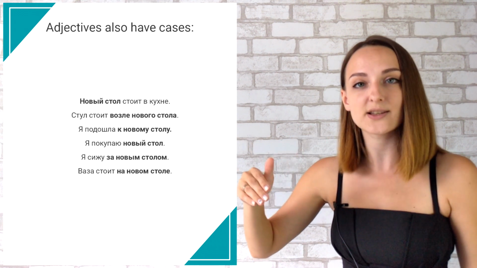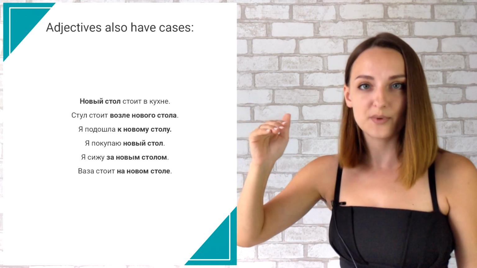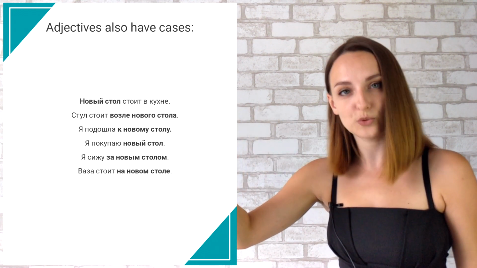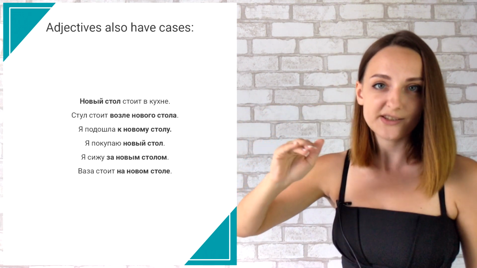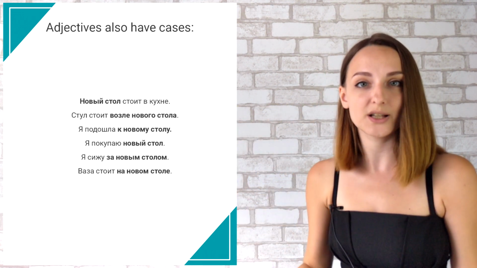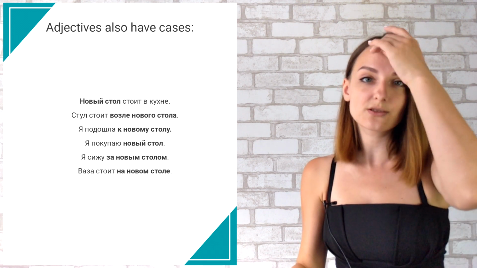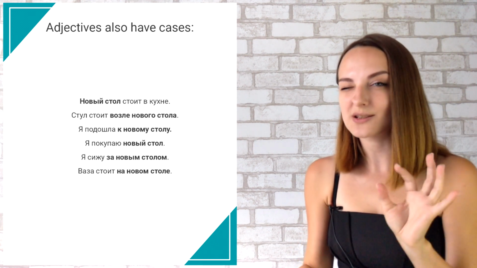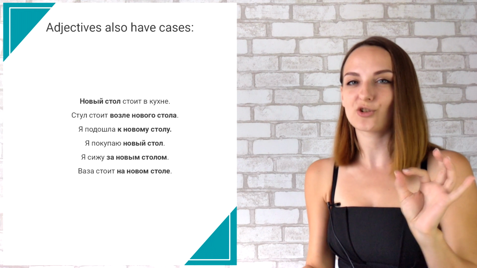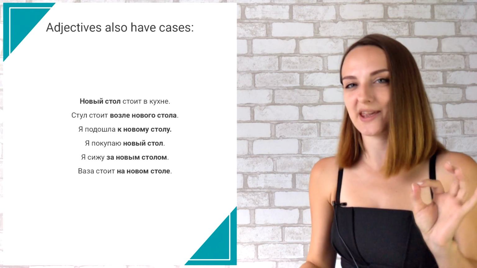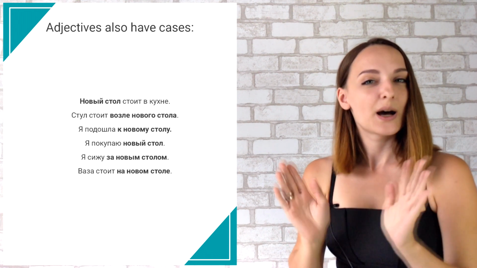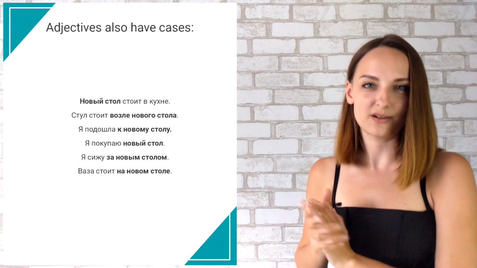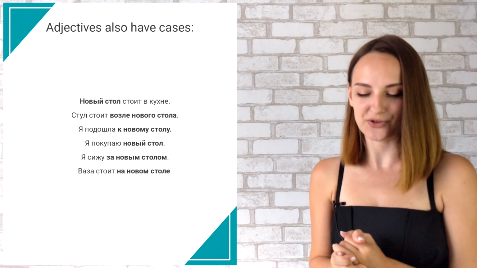So genitive has 4 forms: feminine, masculine, neuter, and plural. Dative has these 4 forms, and all other cases. But don't get too scared right now, because I will tell you some little life hacks that will make it a little bit easier. At first, let's take a look at the examples that we have here now.